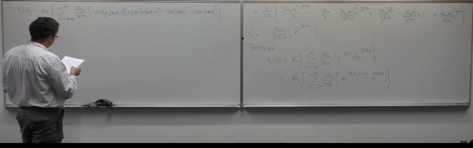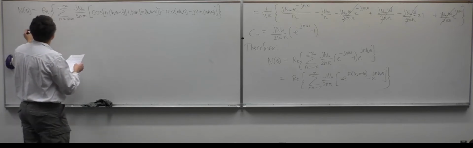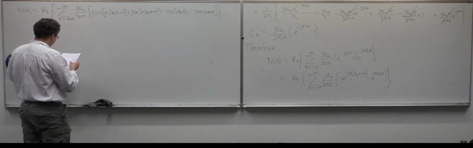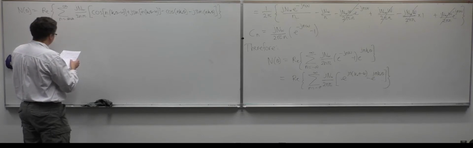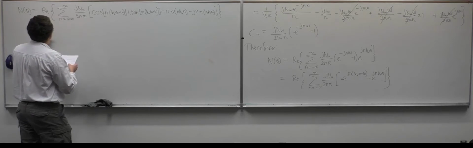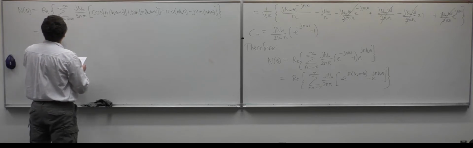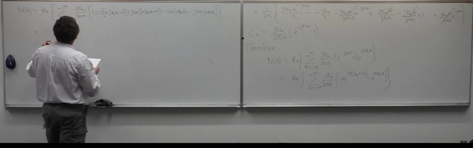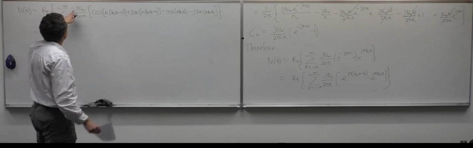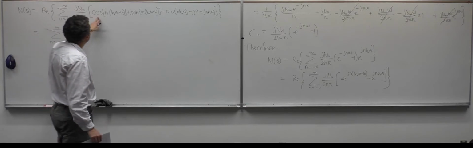So doing that, we have n w. Let me leave that in there. We're going to take the real parts only. So this is j times cosine, so this is complex.